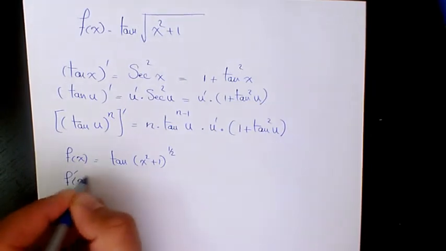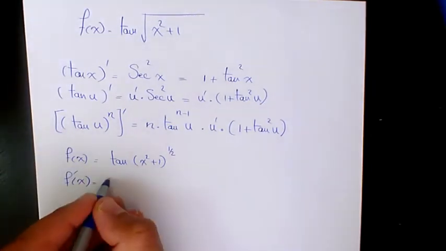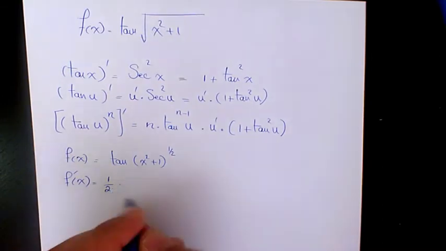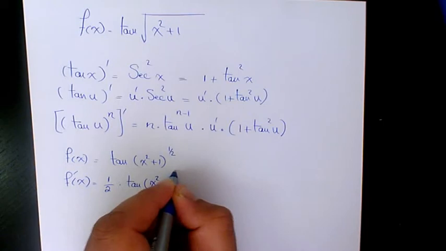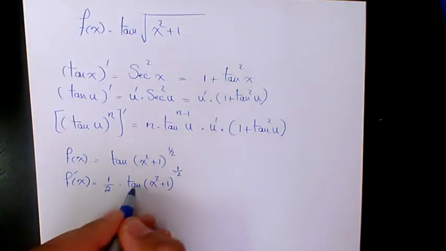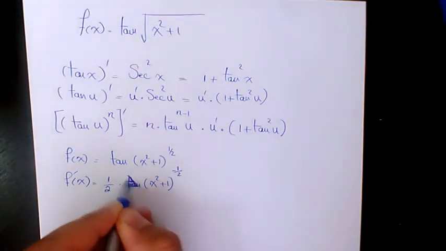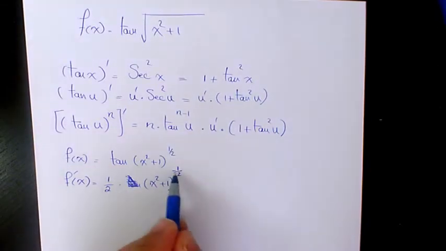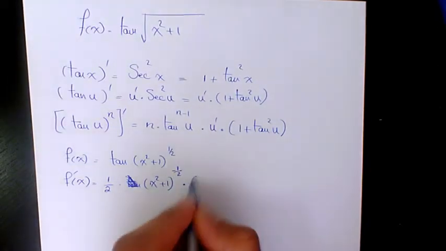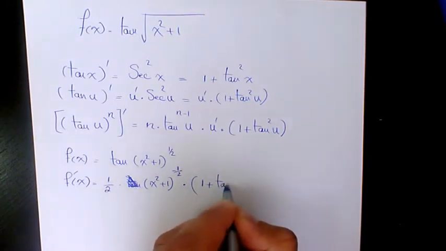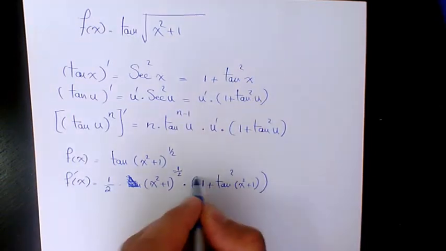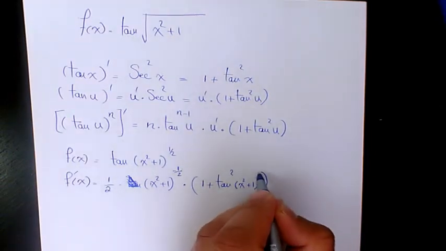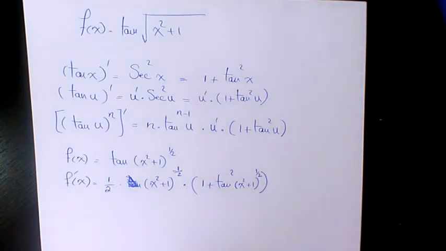The derivative will be 1 over 2, (x squared plus 1) to the power of negative 1 over 2, times 1 plus tan squared of (x squared plus 1) to the power of 1 over 2. So that's going to be the final answer.